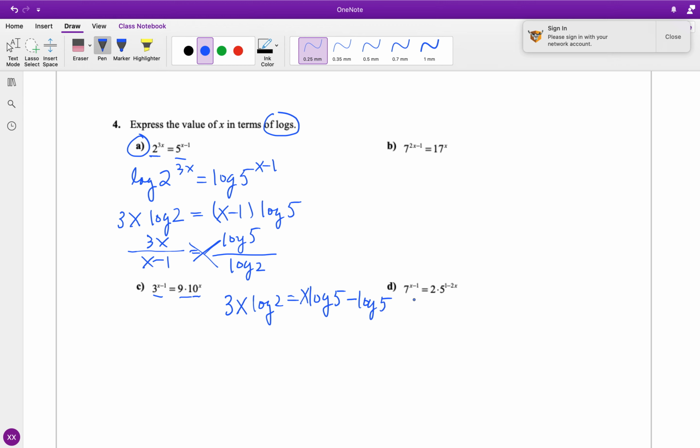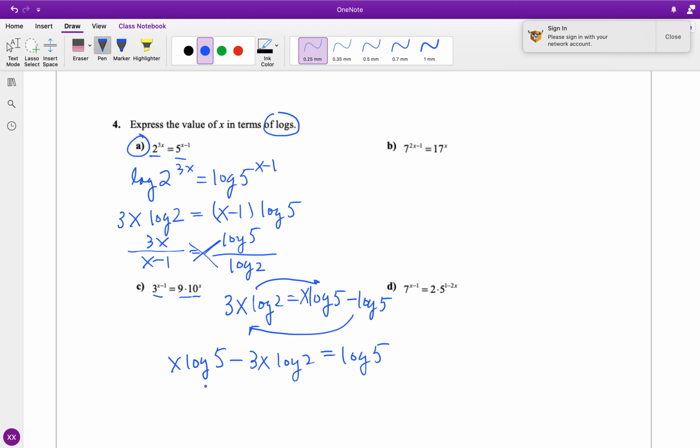This kind of manipulation, I remember when we did the inverse equation, we did this kind of manipulation. So then I'm going to move this to that side and this to the other side. So that means x log 5 subtract 3x log 2 equals log 5.